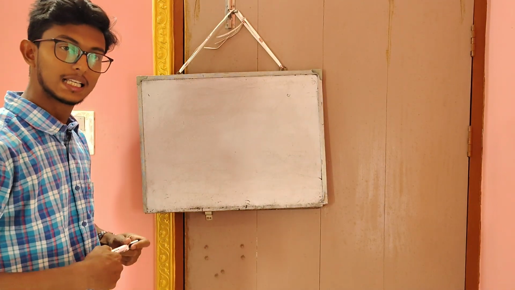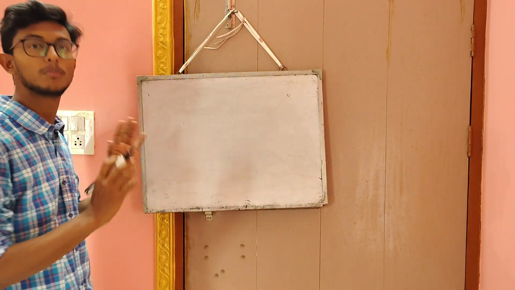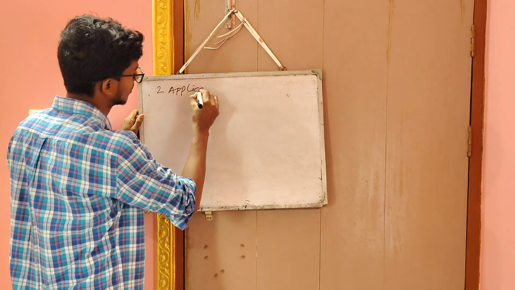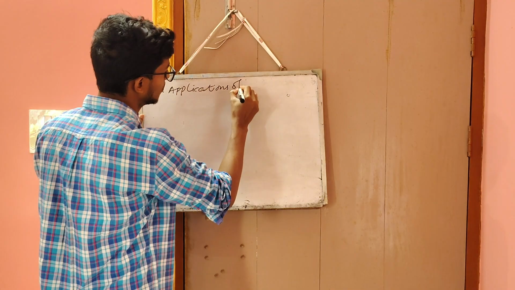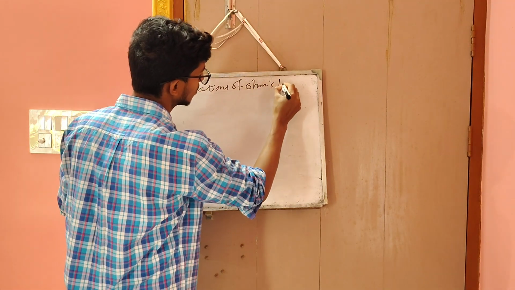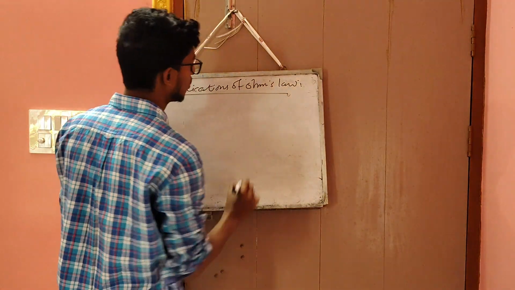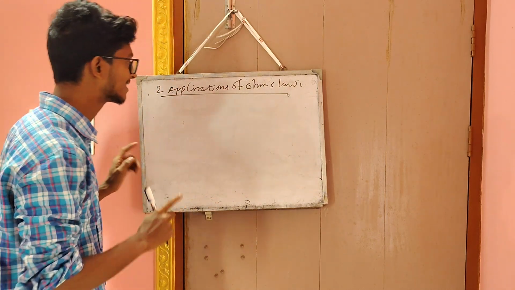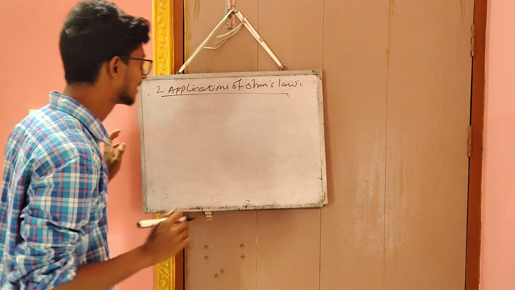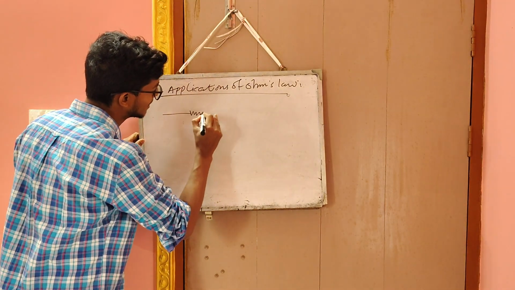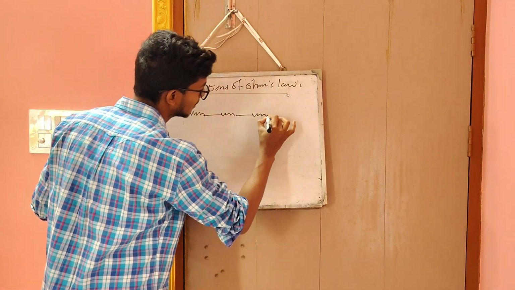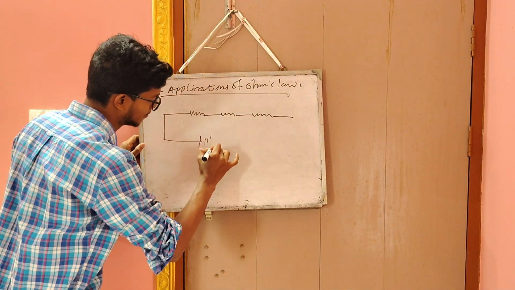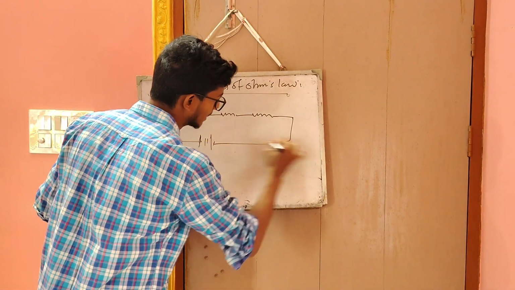Now we discuss the two applications of Ohm's law. When two or more resistors are connected in series combination, it looks like this. The battery is connected in series combination.